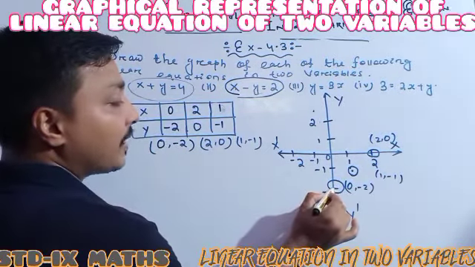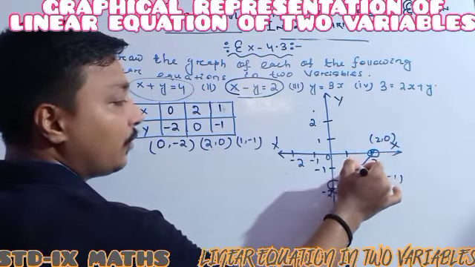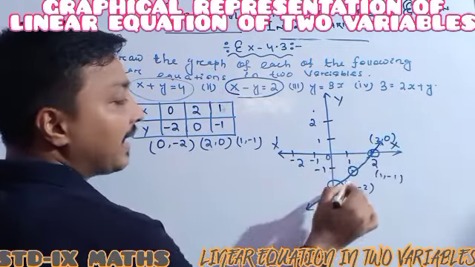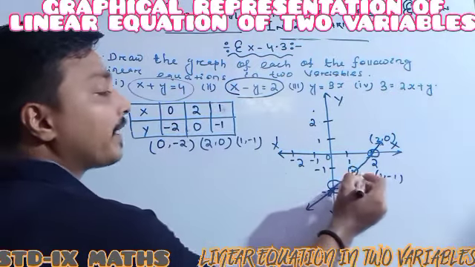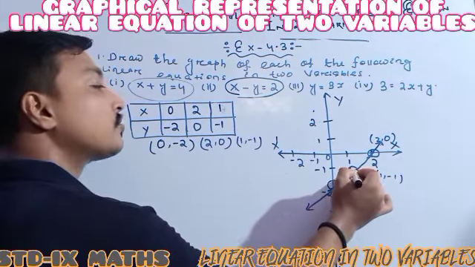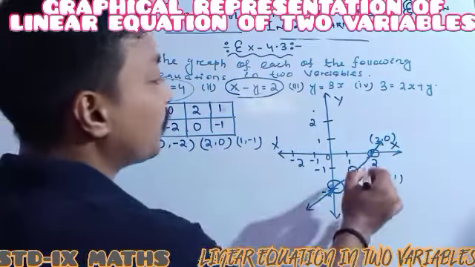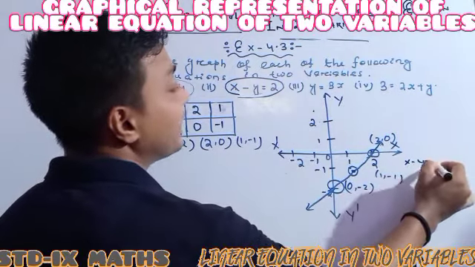Whenever you draw, if you join any two points, you can always find that another solution, otherwise another point, 100% lies on the line also. So this one is the line which represents x minus y is equal to 2.